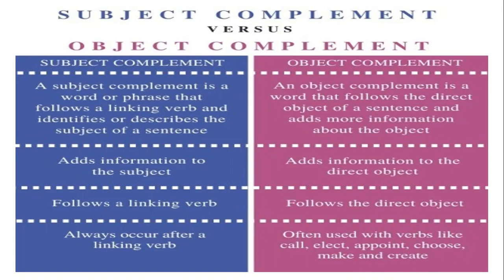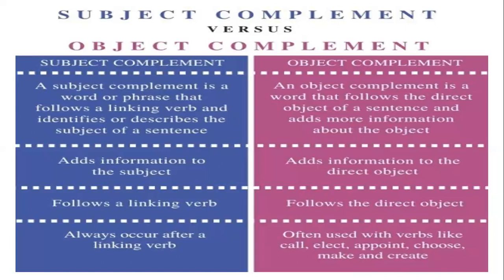On the other hand, an object complement is a word that follows the direct object of a sentence and adds more information about the object. It is all about more information about the object. Which object? Direct object. When we talk about the subject complement, it's all about more information about the subject, and the subject and the information are linked with the help of a linking verb.